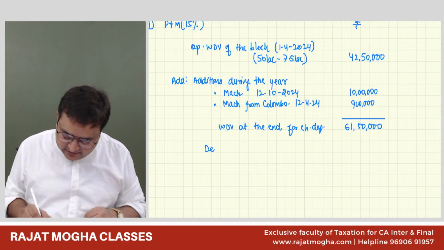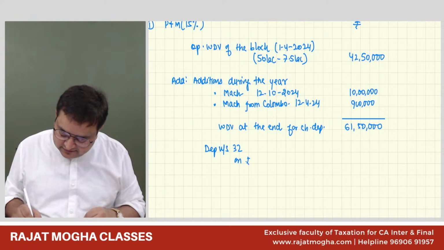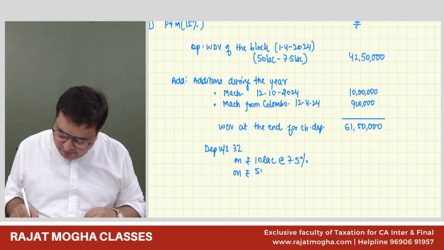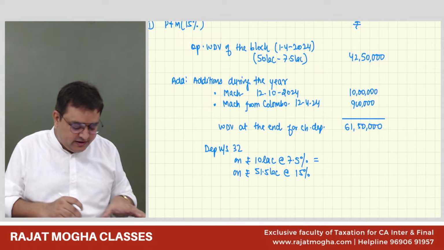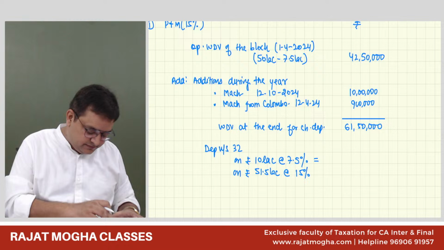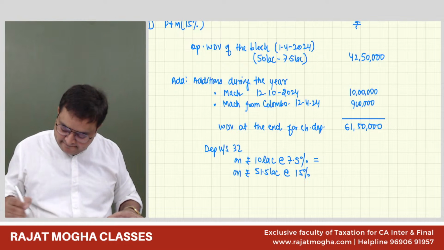So depreciation under section 32 on rupees 10 lakh at the rate of 7.5% and on rupees 51.5 lakh at the rate of 15%. This is the normal depreciation. 75,000 and 7 lakh 72,500.